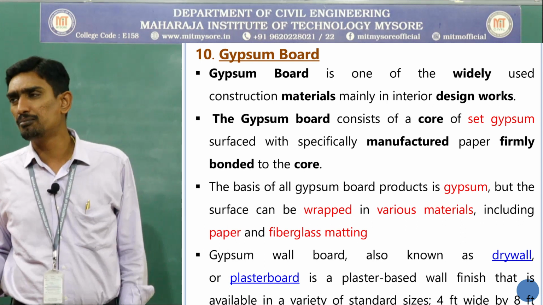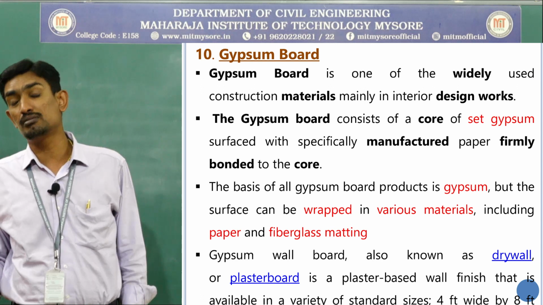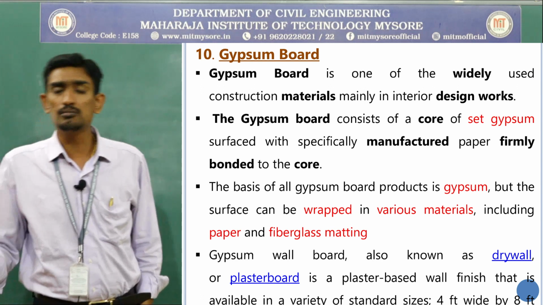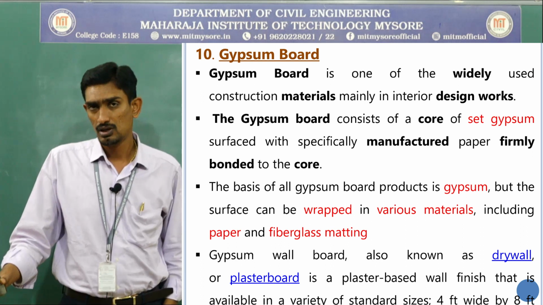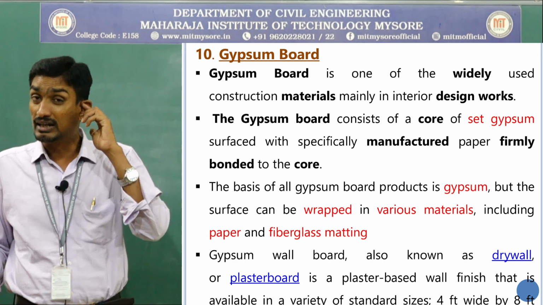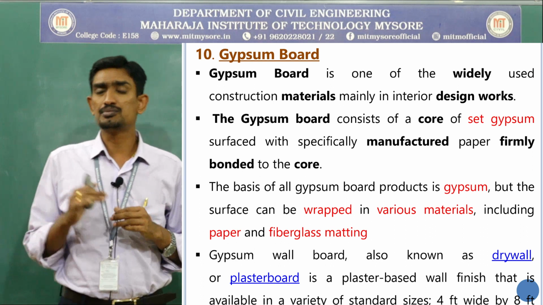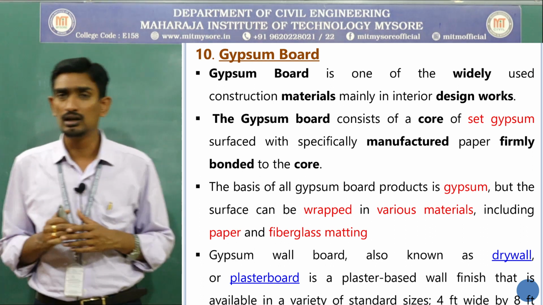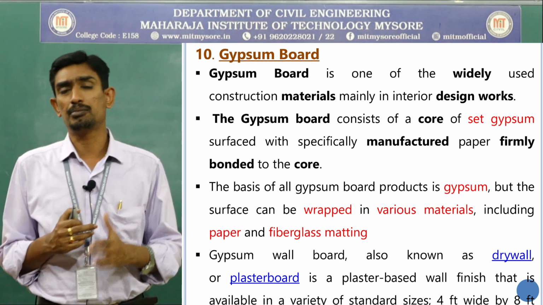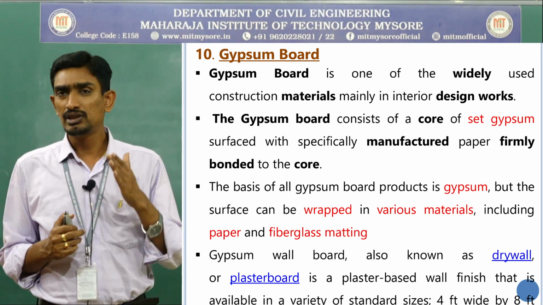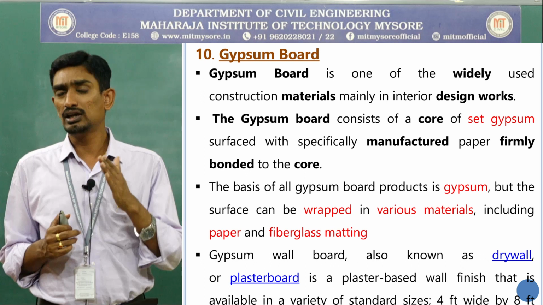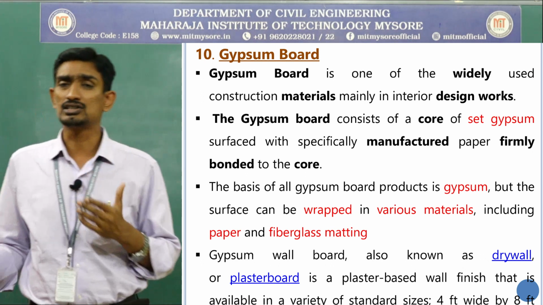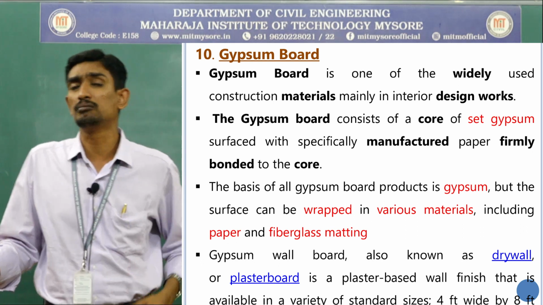A very important thing one must look into with this gypsum material: gypsum is also used in the manufacturing of cement. This gypsum has one interesting character. If it is present within the prescribed limit, the setting process happens neatly. If gypsum is beyond the prescribed limit, it will act as a flash setting, meaning immediate setting may happen.